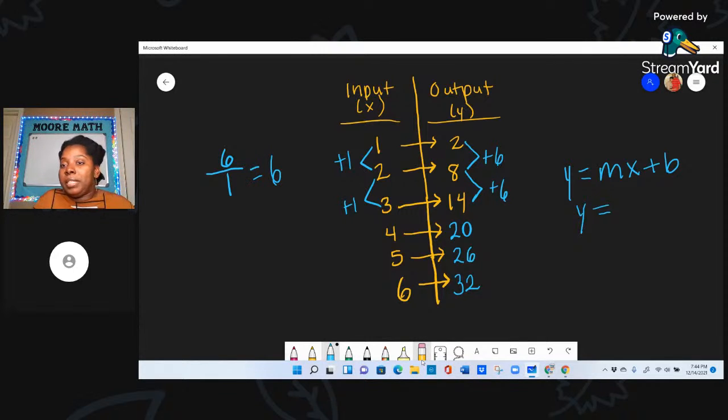So your slope is 6. So it's y equals 6x. The first thing we're doing is multiplying. Starting with the first x, we multiply it by 6. And 1 times 6 is what? 6. Now, what did we do to this 6 to get down to 2?